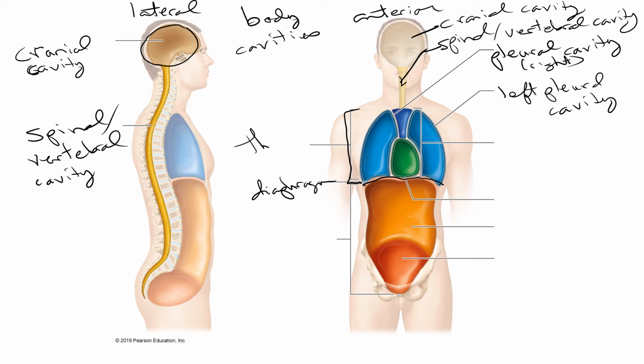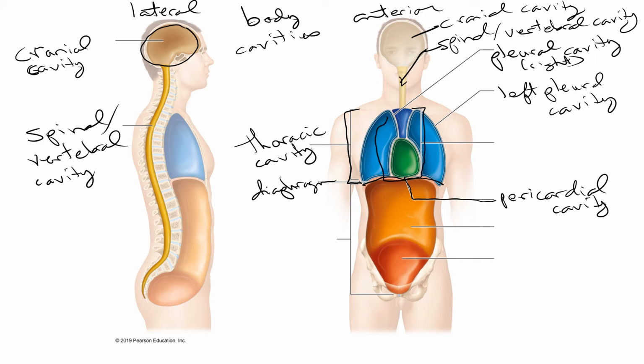And this upper part is called the thoracic cavity. This line here is pointing to the pericardial cavity. And this whole region here is really more of a box enclosing the heart and esophagus and trachea. That is called the mediastinum.